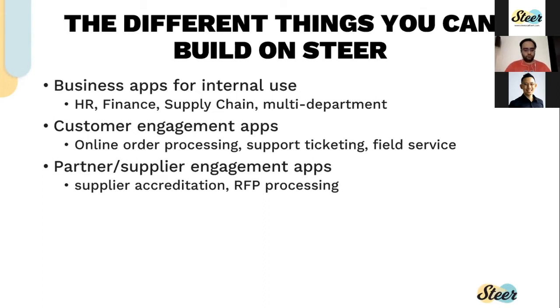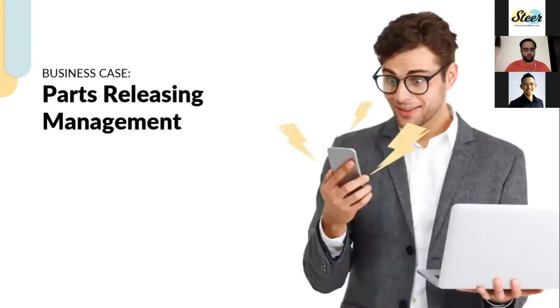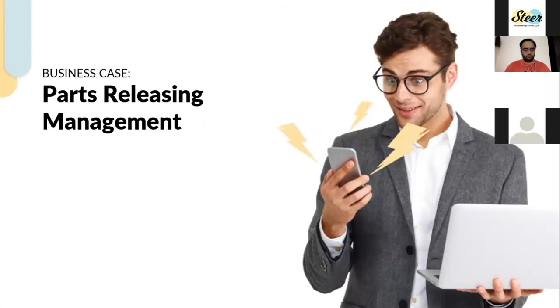But for now, let's focus on a specific business case that I think would interest a lot of those who are in this industry, which would be parts releasing management. With parts releasing, there are literally lots of moving parts during the process. You need to make sure that you have an updated inventory.